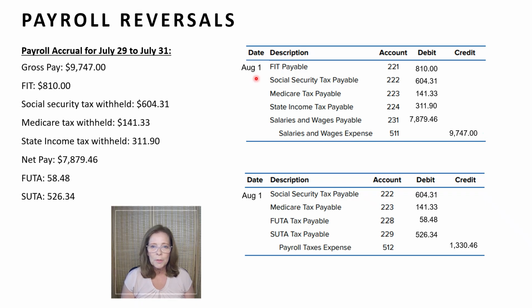The first reversal debits all the liabilities that we previously recorded for the amounts withheld from the employee's paycheck and credits salaries and wage expense account 511 for $9,747. The second reversal journal entry reverses the employer tax liability entry we recorded on July 31st by debiting all the liability accounts and crediting the payroll tax expense account.